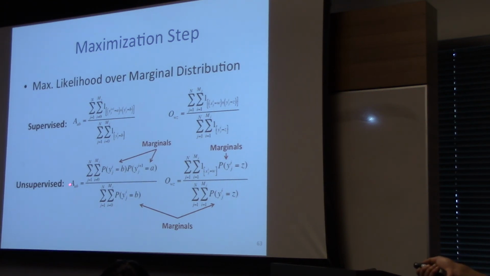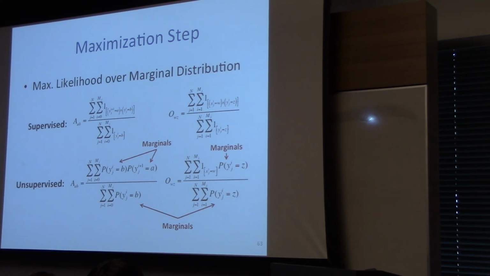And then you just estimate the new quantity using these probabilities. So if you were able to compute these, then estimating new model parameters is just a smooth version of the previous formula. So this is very straightforward.